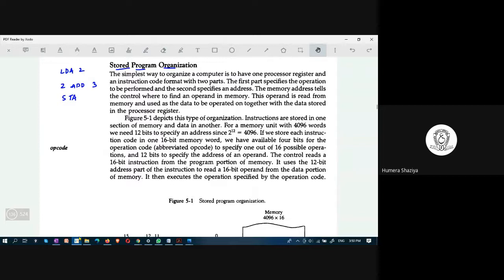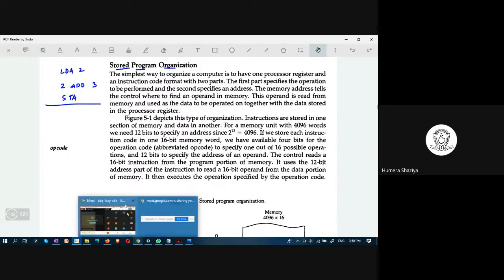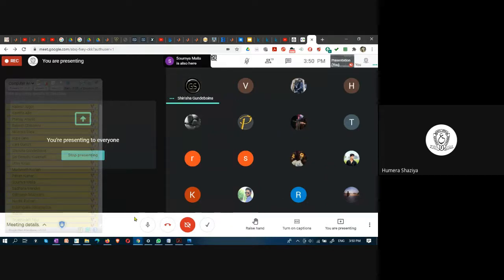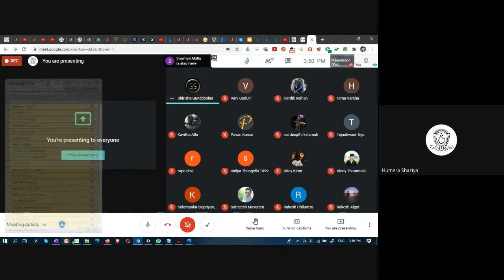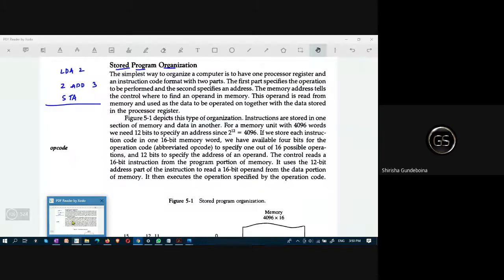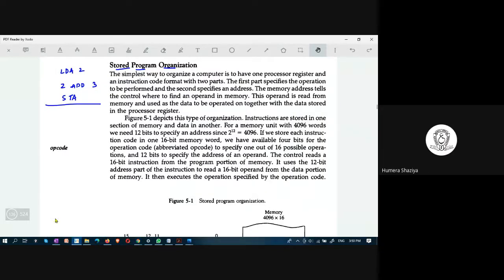When you write this program, it has to be stored somewhere. Where will it be stored? Can anyone tell me? Where are our programs stored? Take a Java program or C program. Memory. In which memory? Primary memory, the other name of which is RAM. Very good, RAM. In RAM, this program is stored.